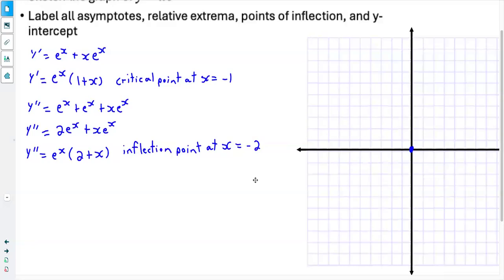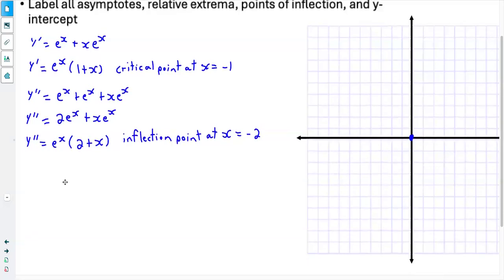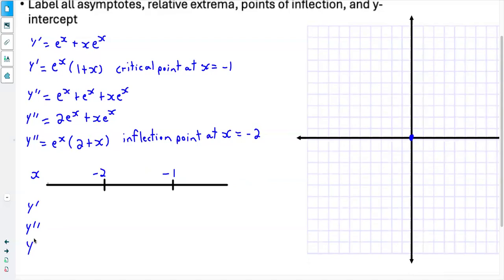Okay, so we will draw out our number line. We have just two main points on this number line. So -2 and -1. And we'll look at y prime, y double prime, and y. So y prime was 0 when x was at -1, and y double prime was 0 when x was -2.